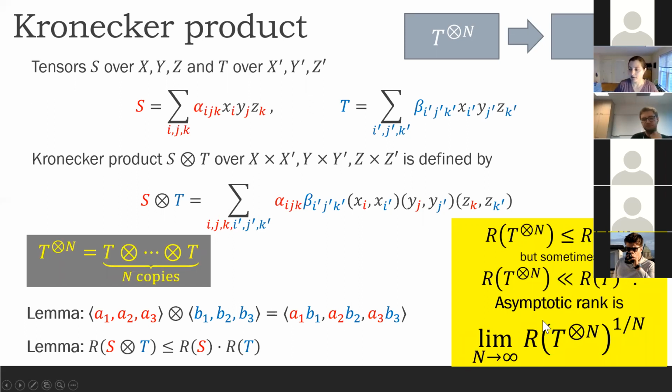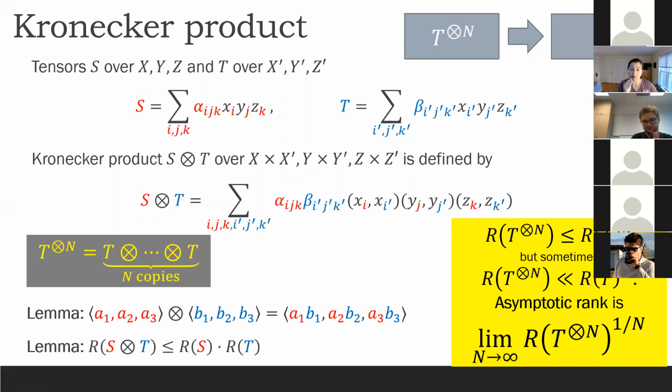And this leads to the definition of asymptotic rank. So if you take a tensor T and you take the limit, actually, the limit is well defined. So you take the limit as n goes to infinity of the rank of the nth power, to the 1 over n. Okay. And it turns out that this can be much smaller than the rank itself. And you can see this, for example, with the matrix multiplication tensor.